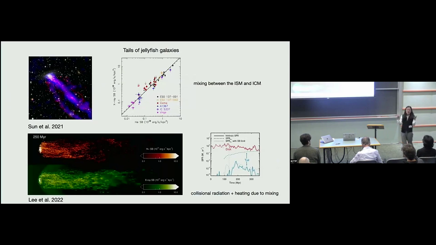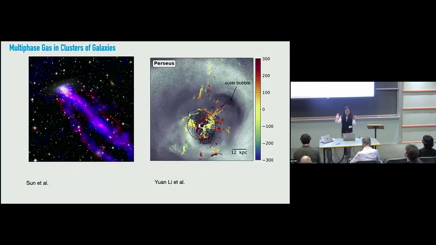It's very hot, and that could mimic the process of photoionizing the cold gas. That's very beautiful work. So we have some understanding in both observation and simulation. And I would say that stripped galaxies are not the only environment in galaxy clusters where we see multiphase gas.